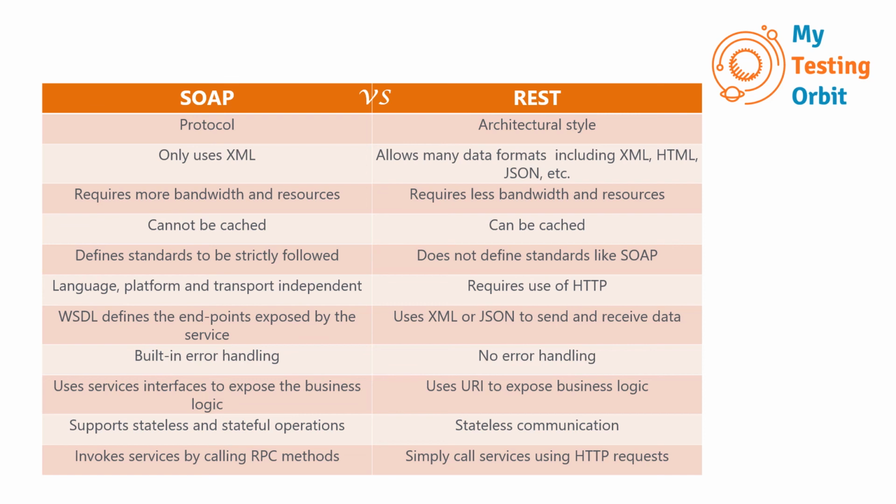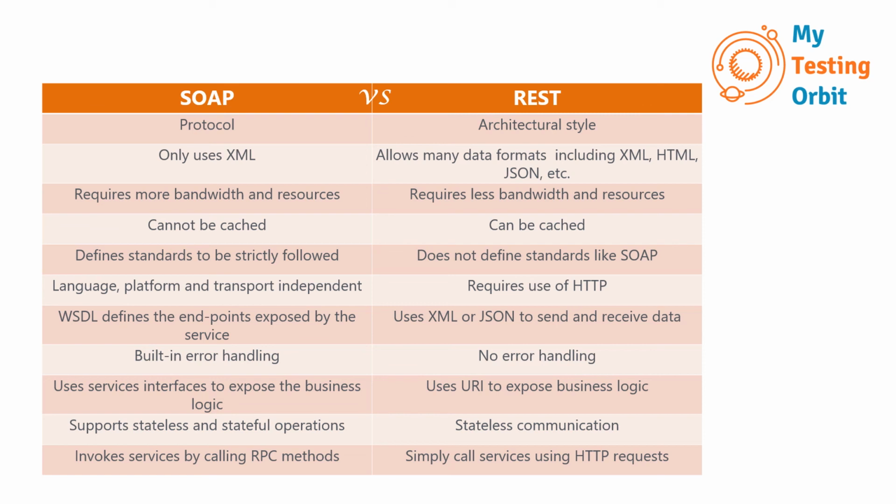SOAP uses only XML, while REST allows many data formats, including XML, HTML, JSON, etc. SOAP requires more bandwidth and resources because of the XML, which makes it quite heavy, while REST requires less bandwidth and fewer resources.